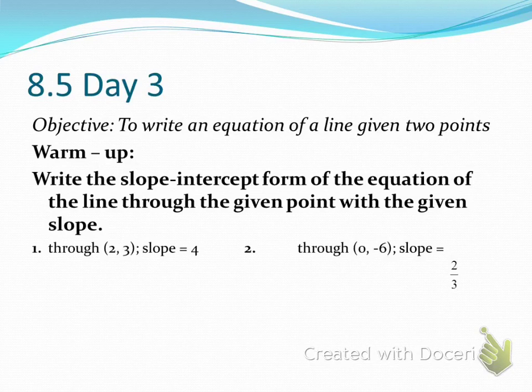So you might remember that to do these we started out in point-slope form. And then we changed it into slope-intercept form. So point-slope form was y minus y1 equals m times x minus x1.